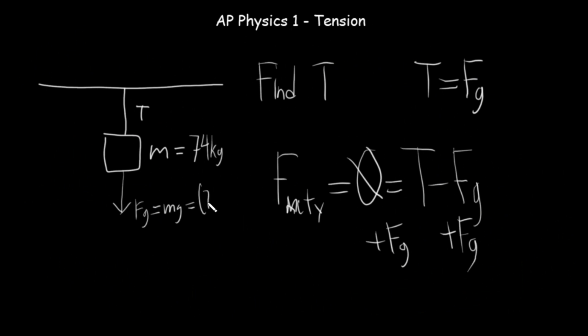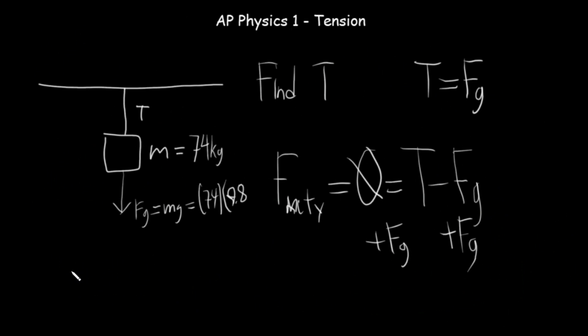We already know how to solve for the force of gravity: mg, 74 times 9.8. That's a really bad 8. I don't know why my pen is lagging so much. But then you can just plug this all into your calculator: 74 times 9.8.